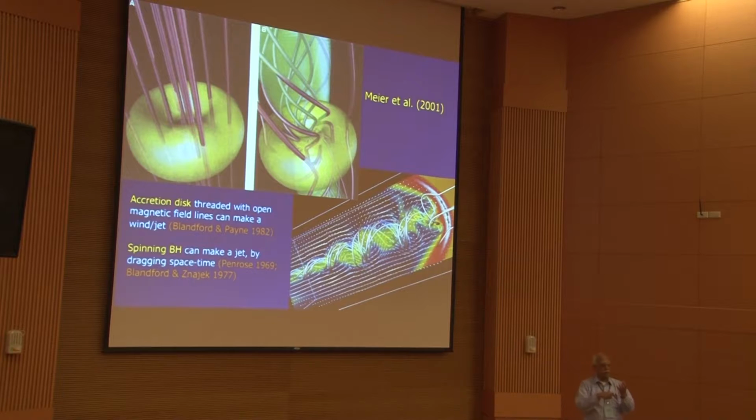You have to have magnetic field lines near the black hole, and the spin of the black hole drags space-time, and because of the dragging of space-time, the field lines are forced to go round and round once they come inside the ergosphere. They can't sit still. So since they are forced to go round and round, this pattern has to happen. And you get the jet.